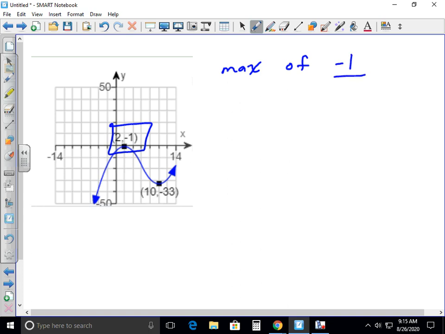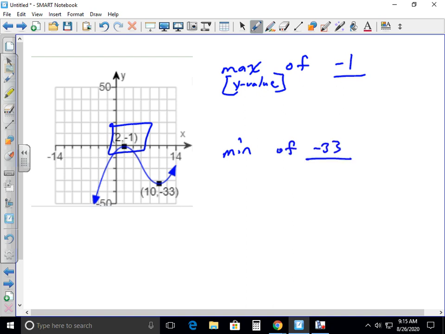If we're asking how high something goes or how low something goes, that's a y value. Y values tell you how high or how low. So this goes up to -1. This one is a trough. That's a minimum. So that goes down to -33.